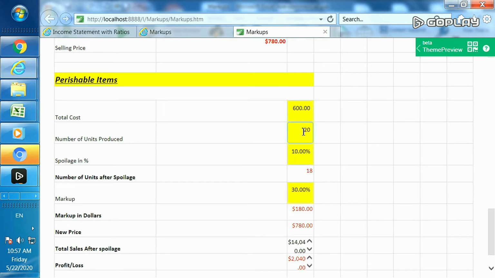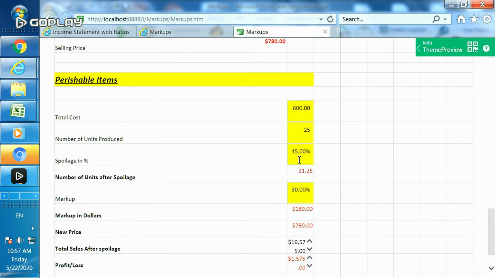Total number of units produced, or total number of units that you might have in your inventory, is 25. Now let's say there's spoilage for whatever reason. This could be because of the temperature inside, or because of vandalism, or any other reason at all, and it is 15%.